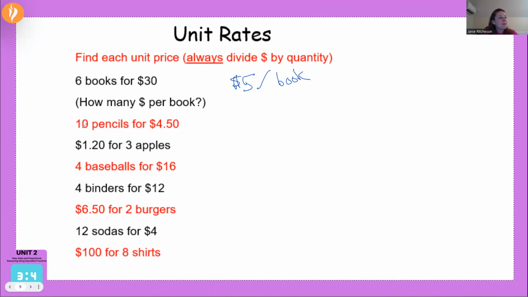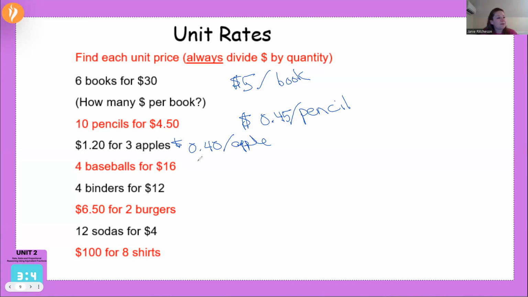What about if I can buy 10 pencils for $4.50, how much per pencil? Well, if I divide 4.5 by 10, I move the decimal to the left, and I know that it is 45 cents per pencil. What about the next one? Go ahead and do these on your own, and then hopefully you're checking your answers. 40 cents per apple.